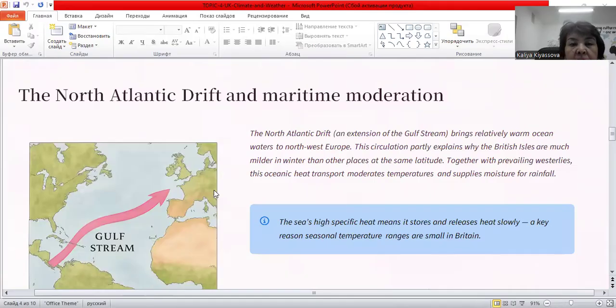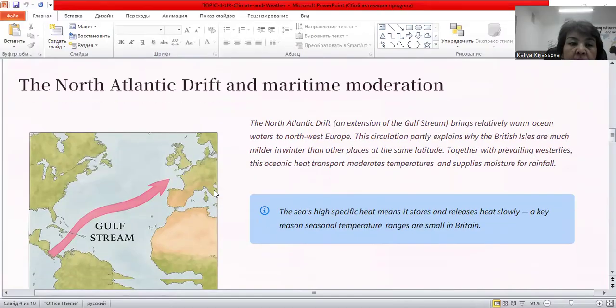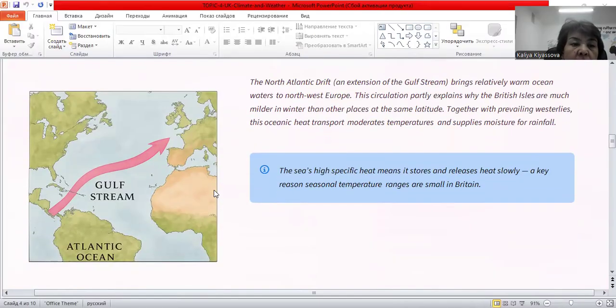And the North Atlantic Drift and maritime moderation. You may look at this map, where the Gulf Stream in the Atlantic Ocean is shown with red arrows, showing its direction toward the British Isles.